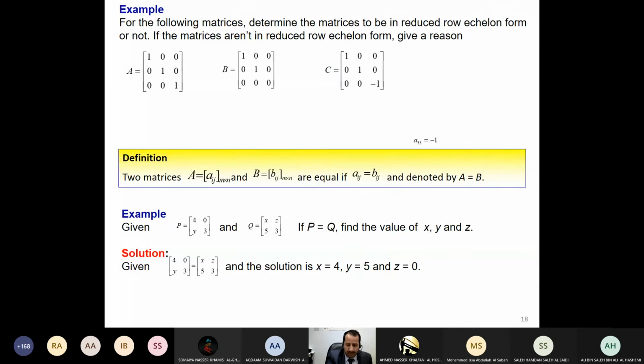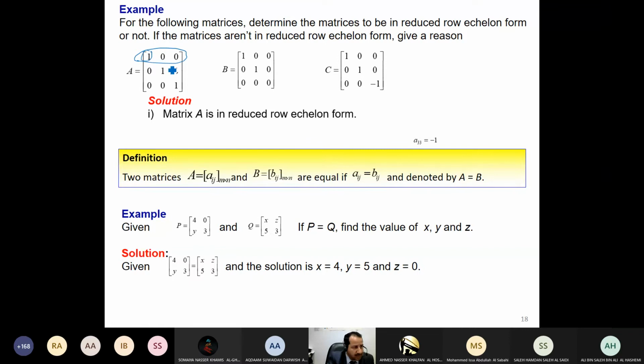Now, if I come to this one, the first one here is row echelon form, reduced row echelon form. Why? We don't have zero rows, so we satisfy the first condition. The second condition, the leading entry of the row starts with 1. Correct. The third condition, the next rows start one place behind, one step behind, and with 1.